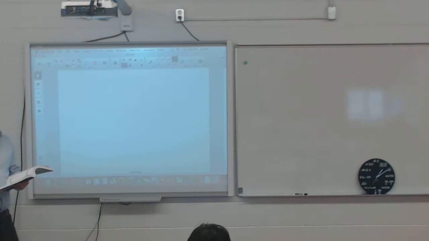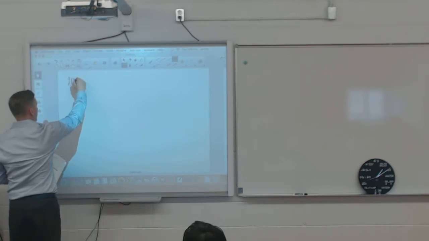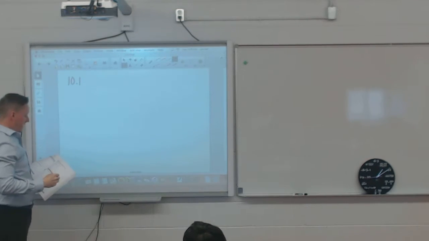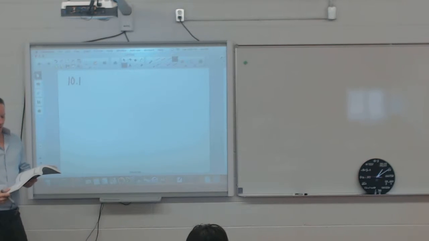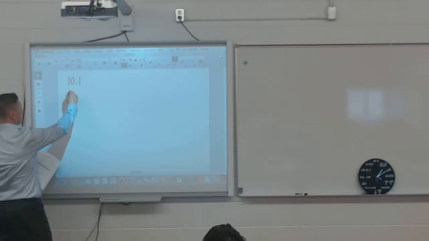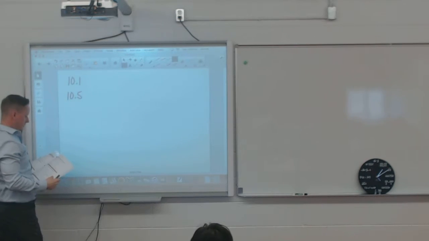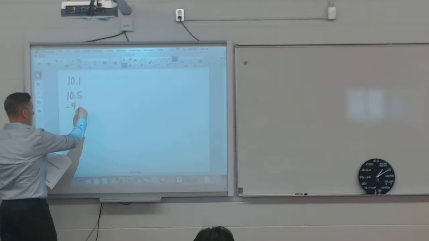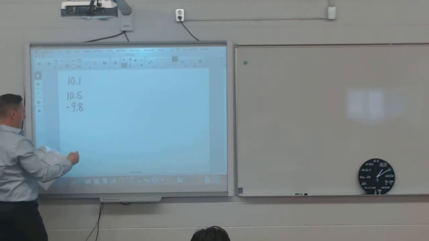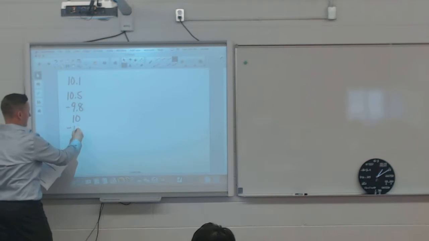Okay? So I have the absolute value of negative 10.1. What is that value? 10.1. Then I have absolute value of negative 21 over 2. What would that be? 10.5. It's a positive. Then I have negative 9.8. Then I have the absolute value of negative 10.